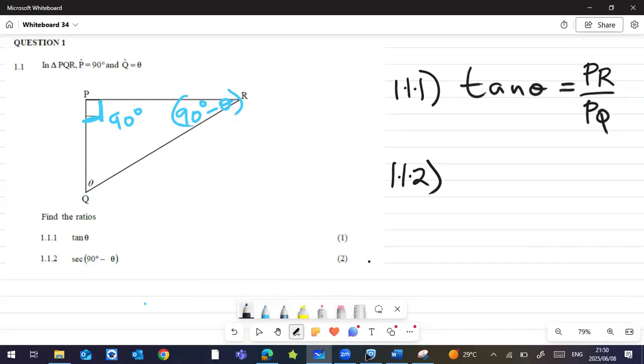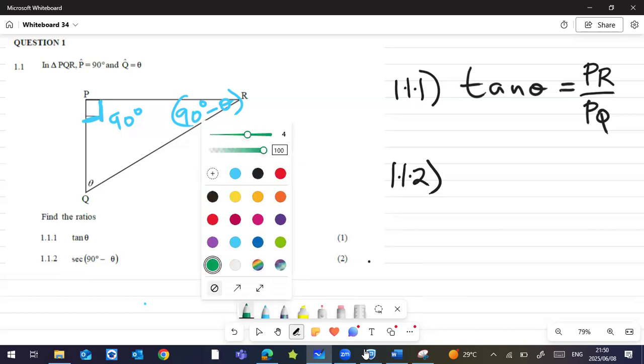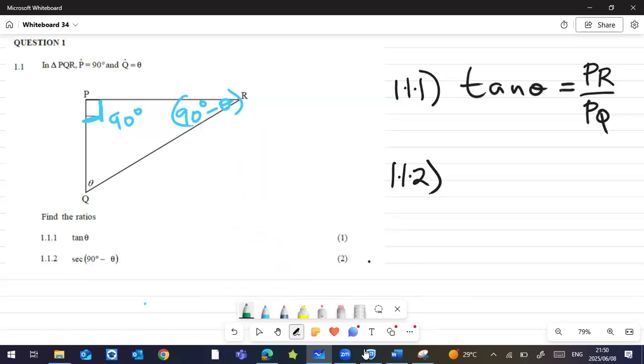So meaning, if cos is adjacent over hypotenuse, then secant should be hypotenuse over adjacent. Hypotenuse for what? For R, which is that 90 minus theta, and its adjacent.